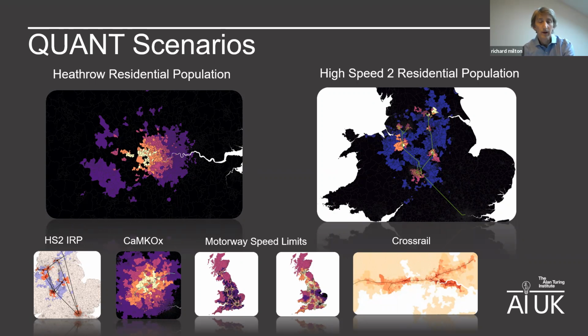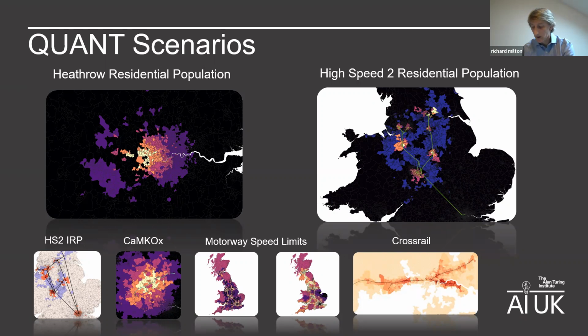So for the Heathrow, we've increased the number of jobs in line with the government white paper on where they expect increased jobs to be. What you can see with this is that there's a sort of black area just to the left of centre. That is the greenbelt area, which you cannot build on. So what happens with the Heathrow example is that all of the potential new houses are going to have to be pushed into the centre of London, because they're pushed in by the greenbelt.